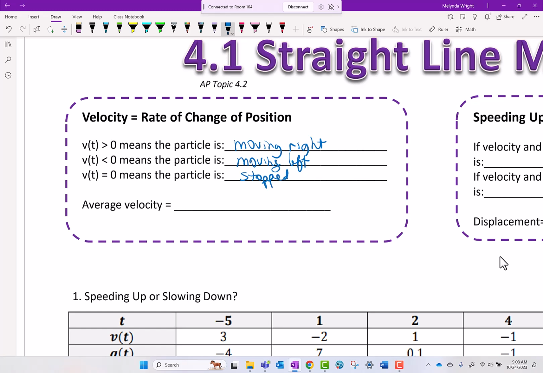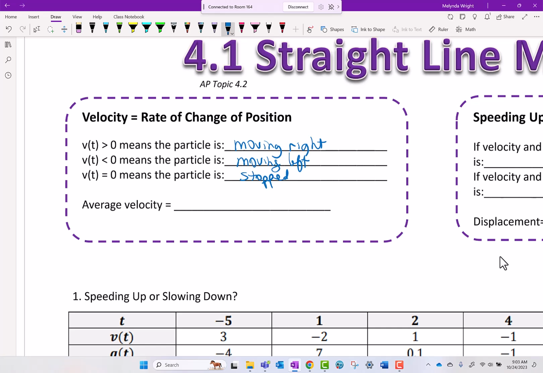Okay, so we can learn a lot about what the particle is doing by looking at the velocity equation and the sign of velocity. Average velocity, which we have done before as average rate of change, uses the exact same formula.